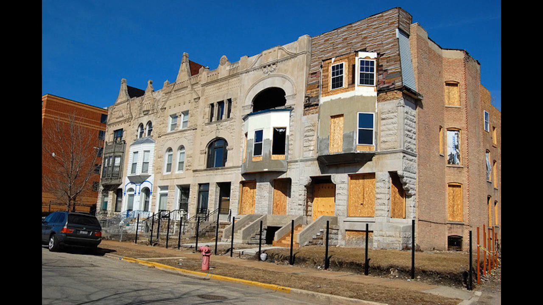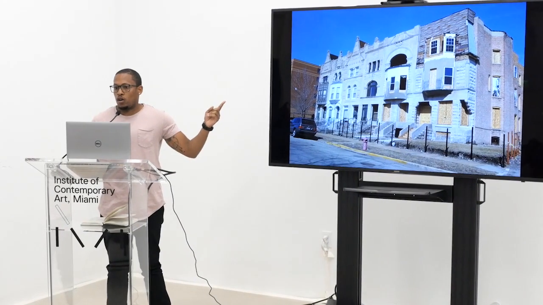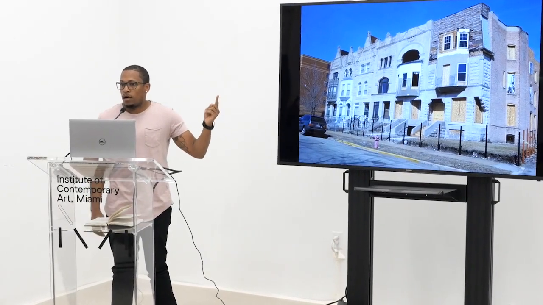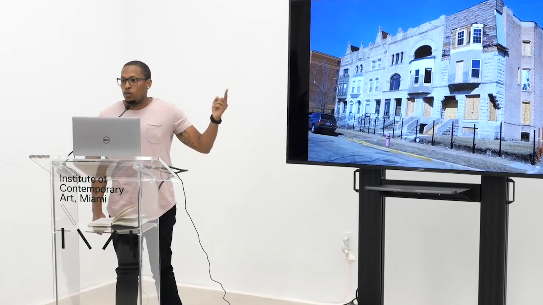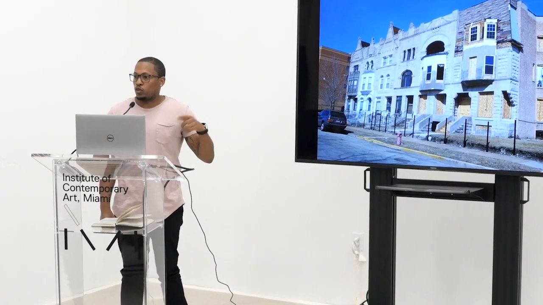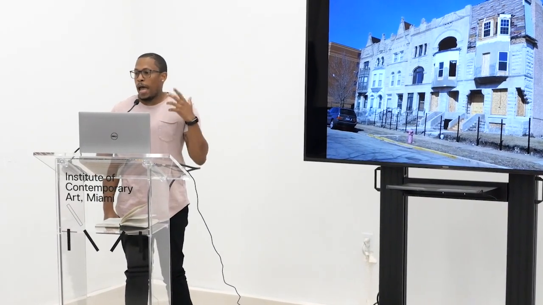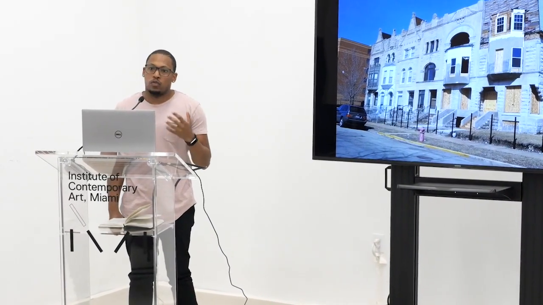This is what they look like now. It's a stark contrast from the previous slide you just saw. In these areas, a lot of them are boarded up. They're abandoned. You can get a property like this right now in Chicago for maybe $10,000. This is a beautiful building that, if you have the resources to restore, you have an absolutely amazing architectural feature.